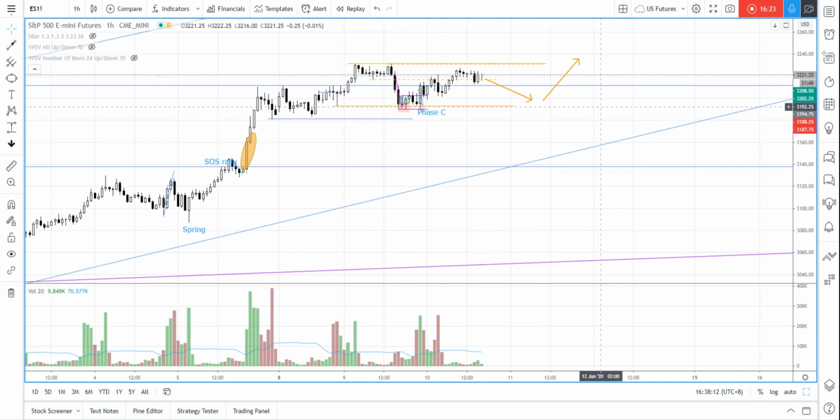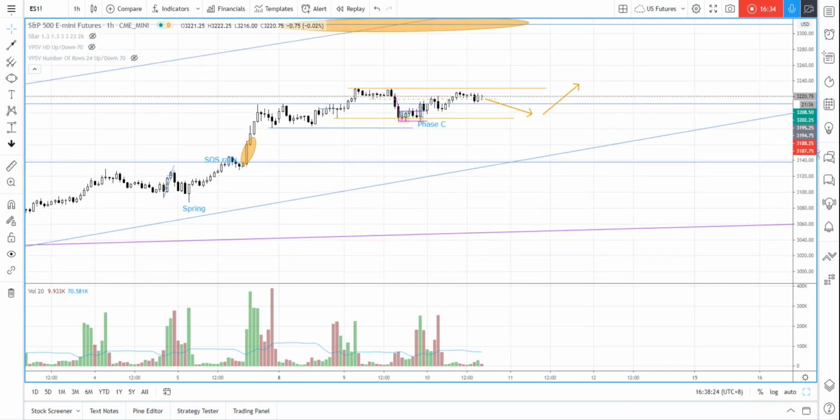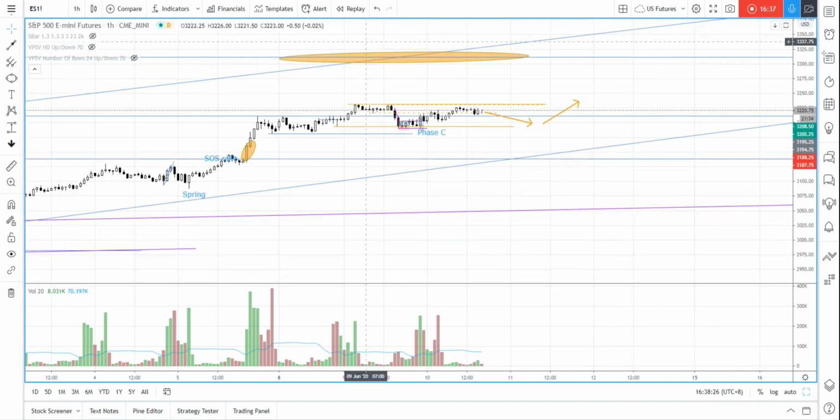So immediately, I think the bias for day trading is still stuck within the range. So it's neutral for me. Either trade it up or down is fine. But for swing trading, definitely it is up because I think we have a higher target, somewhere around 3,300. And eventually, if we can just break above, then definitely I think we can see all-time high.